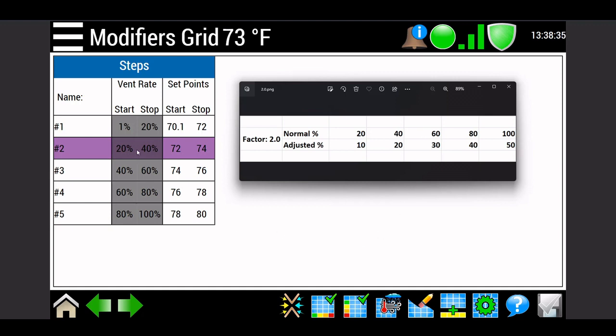And if we look on our normal table, 30% output is between 72 and 74. And so the adjusted temperature that corresponds with our normal table, it's pretending like it's actually only 73 degrees to make that output as it should be.